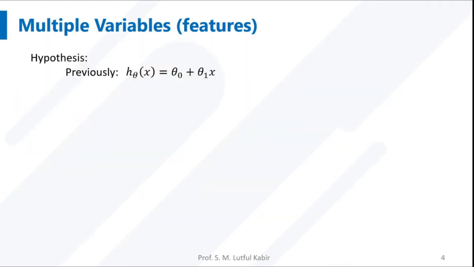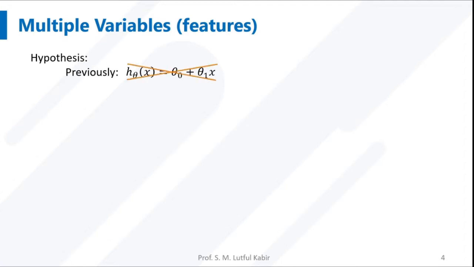Let us discuss the hypothesis. Previously we defined the hypothesis as h(x) equal to theta 0 plus theta 1 x, where x was the single variable and theta 0 and theta 1 are the parameters, and theta 0 is the intercept of the line and theta 1 was the slope of that line.